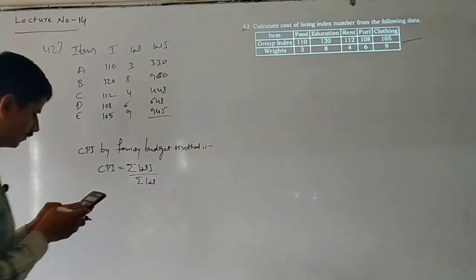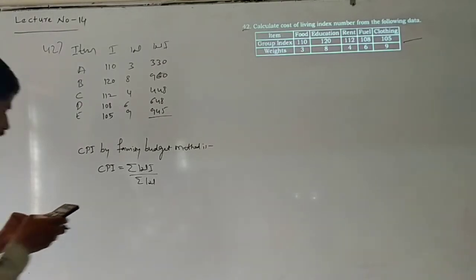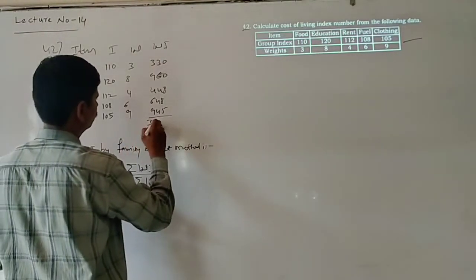Here sum of WI is 945 plus 648 plus 448 plus 960 plus 330, which is 3331.